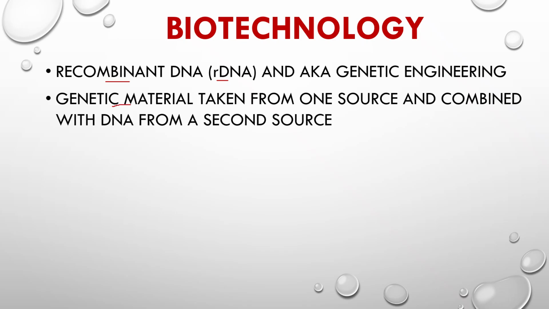We're not just using a hormone or an enzyme or something. Here we're talking about genetic information. Genetic material is taken from one source and combined with DNA of a second. That's why it's called recombinant. It's not DNA naturally found anywhere. We're genetically engineering it, taking a gene or genes from one living thing and putting it into another.